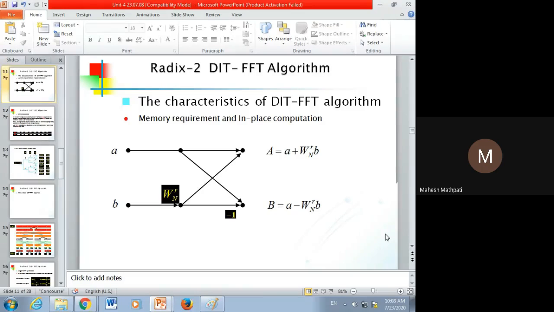In signal flow graph, we observe that in every stage, there are N by 2 twiddle factors required. There are N by 2 twiddle factors or butterflies you can write.